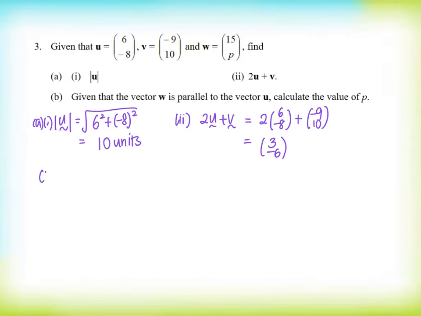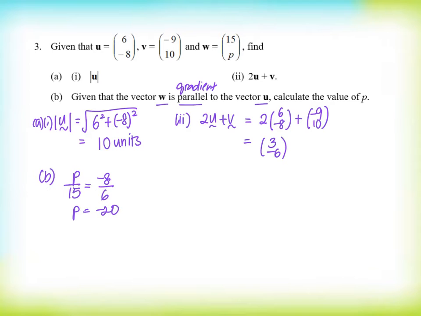And next concept, we know that if a vector is parallel to the vector u, that means the gradient will be the same. So the gradient for vector w will be p over 15, equal to the gradient of vector u, negative 8 over 6. We can find p to be negative 20.